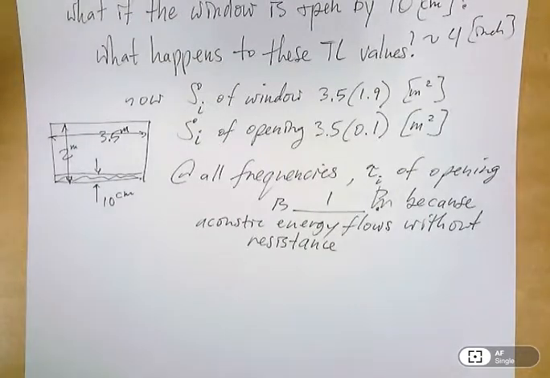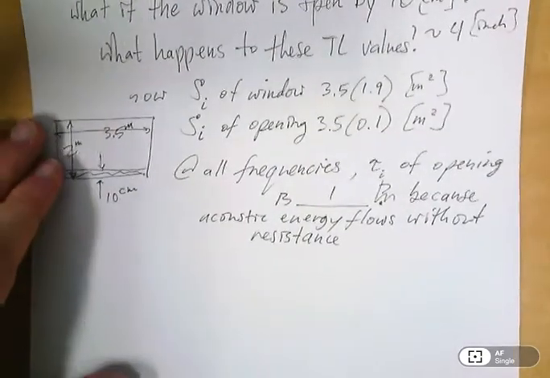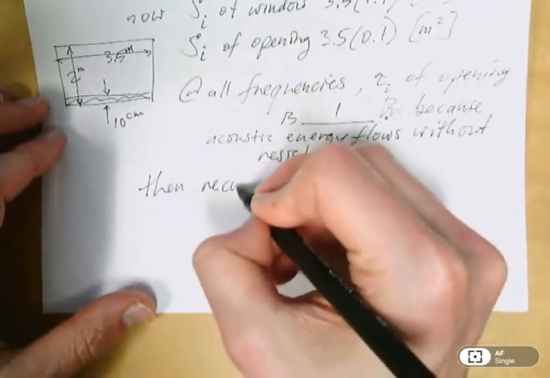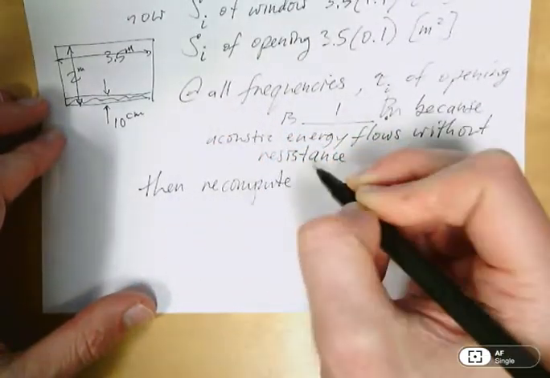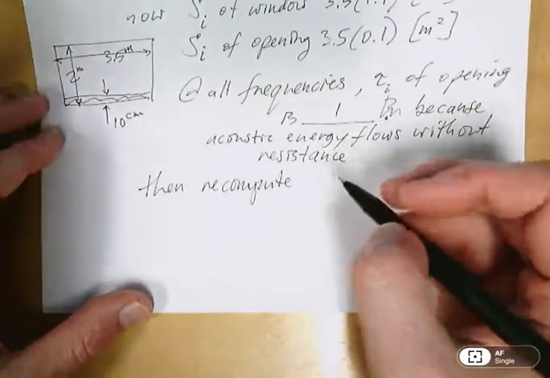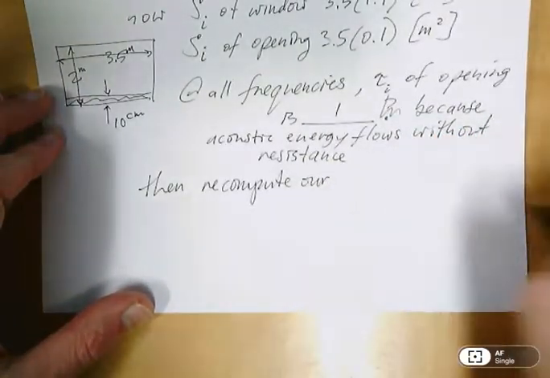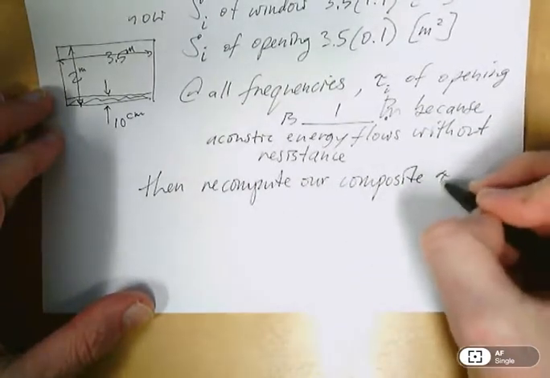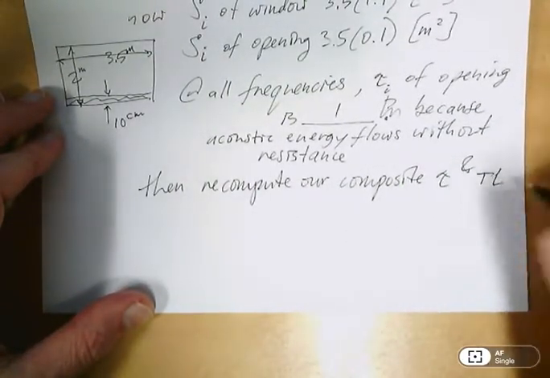So if we then recompute our composite tau and TL, what will we find?